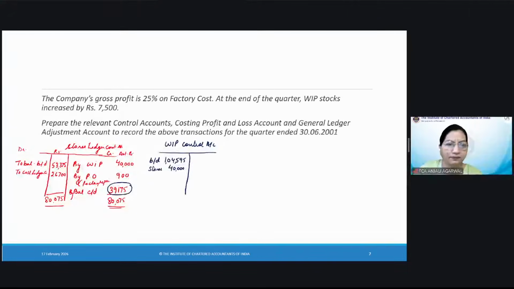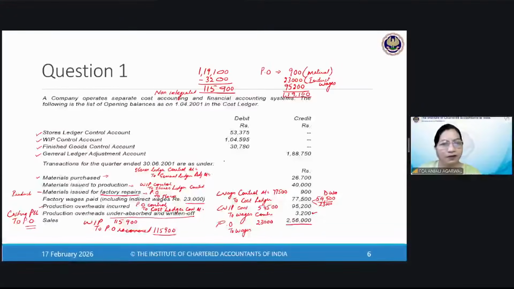Stores. Then you have incurred wages direct. So the direct wages are 54,500.